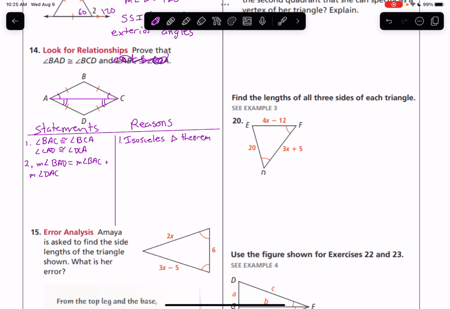And in the same step, I'm going to say the measure of angle BCD is equal to the measure of angle BCA plus the measure of angle DCA. And I know that those bigger angles are the same as the two smaller angles added together because of the angle addition postulate.